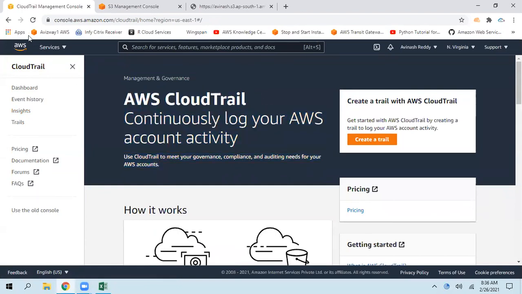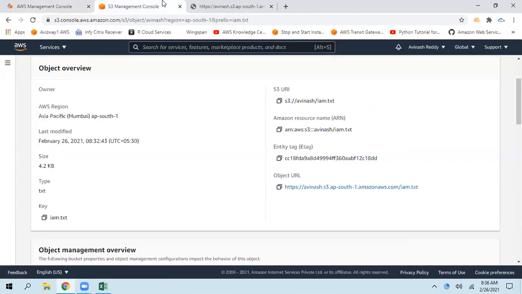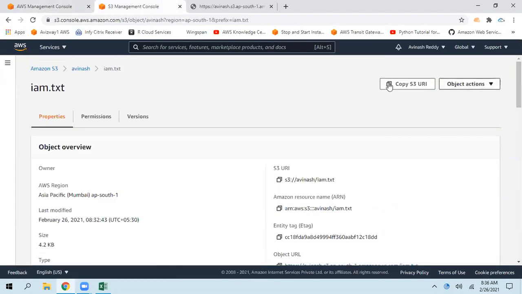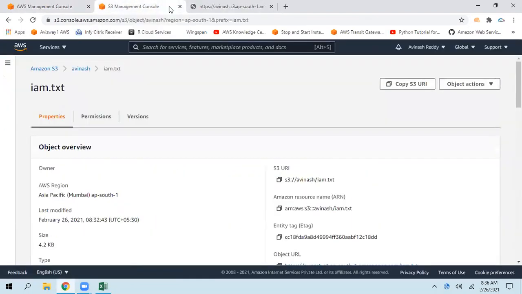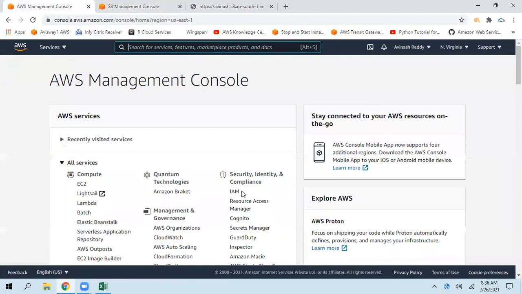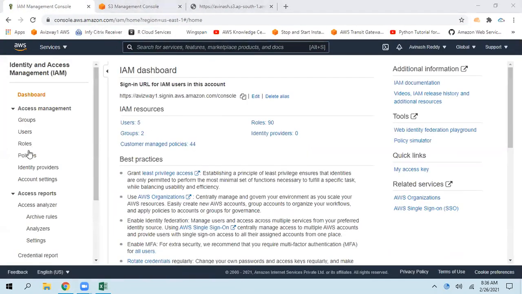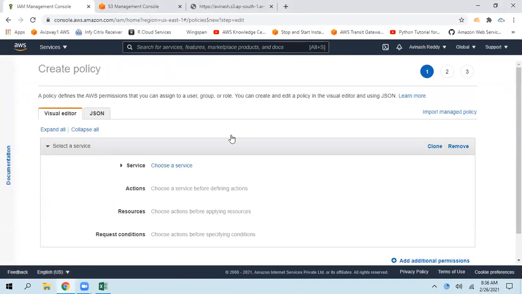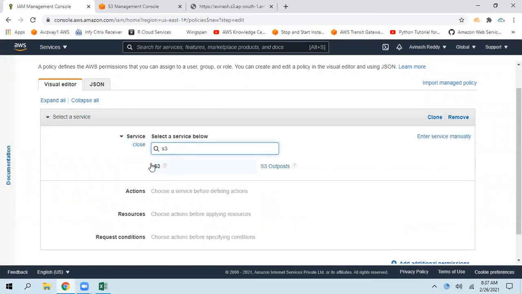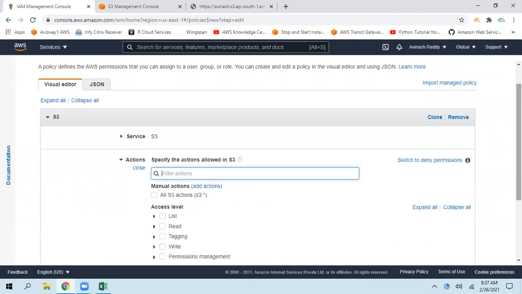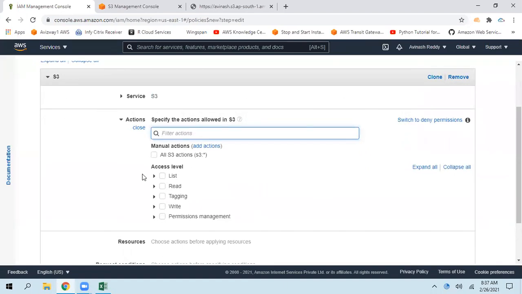Avinash, I have one more question. While creating our own policies, we got an option of resources. What is that about? I got a little stuck yesterday understanding those resources. Here, what do you want to allow?